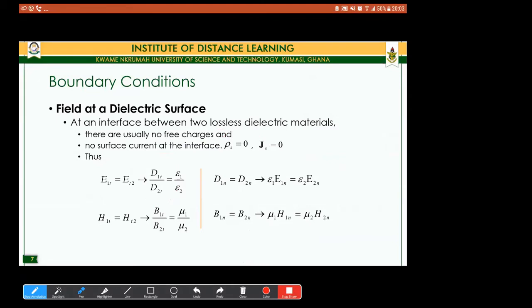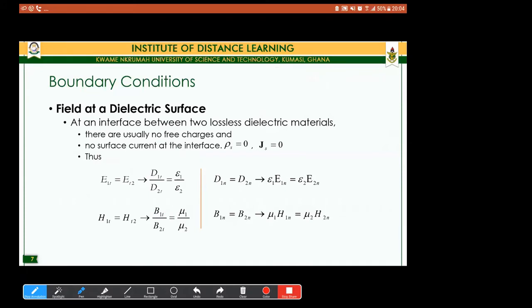So the initial discussion yielded n dot (D2 minus D1) equals rho S. But rho S is 0, so D2 minus D1 will be equal to 0. And for the tangential components of E, E1 tangential will be equal to E2 tangential, and you can express that in terms of the electric flux density.